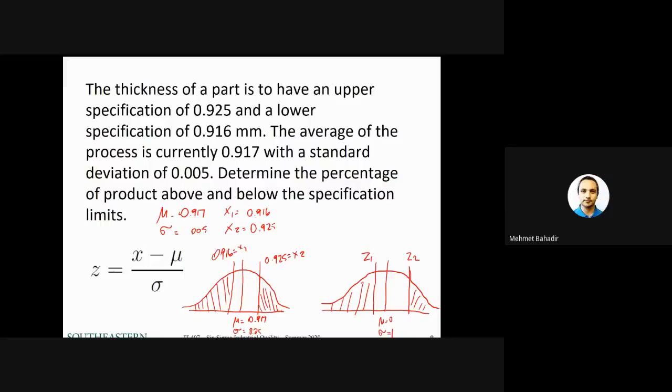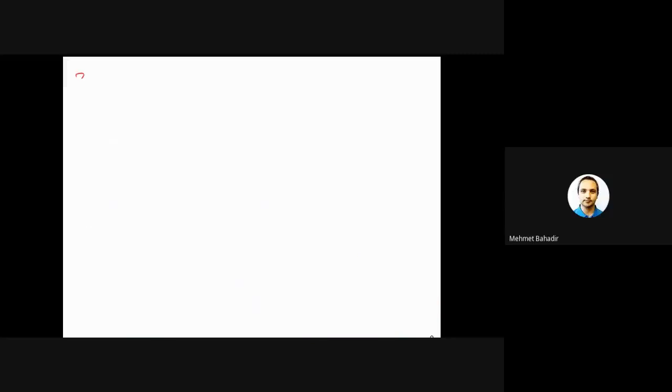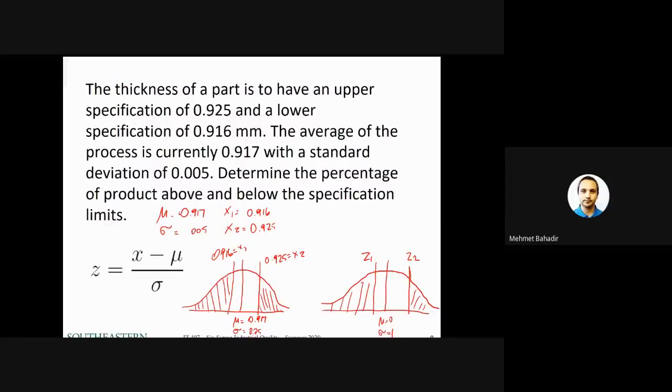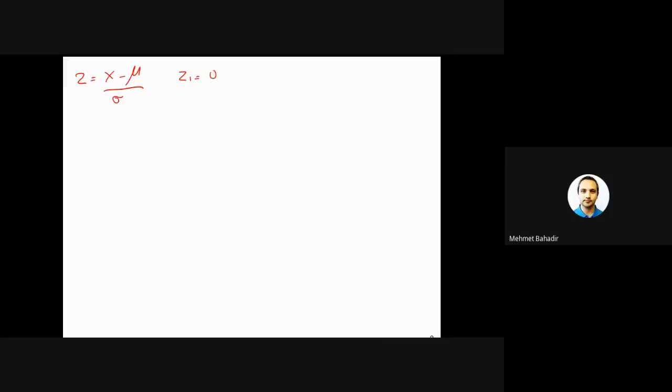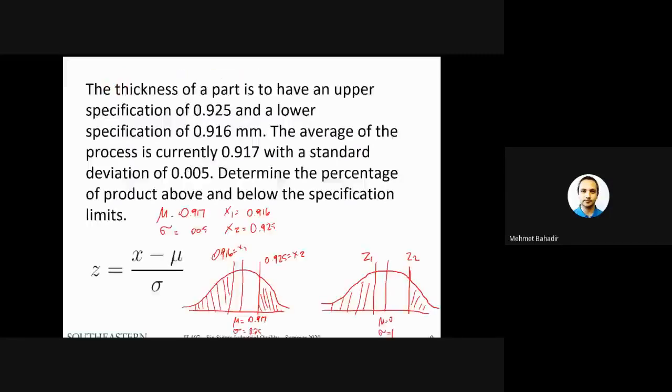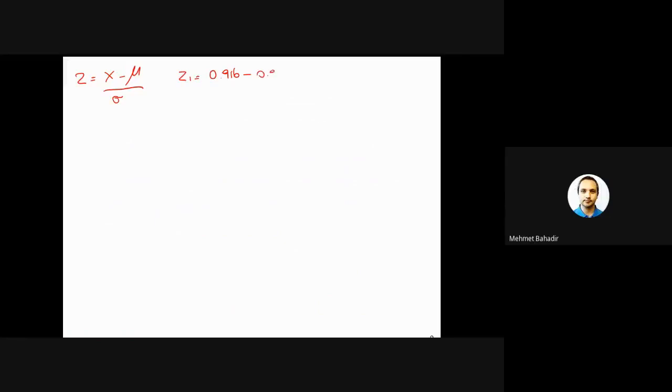All right, let's go ahead and calculate those z1 and z2 values. Our formula is x minus mean divided by standard deviation. And let's plug the numbers for z1. What is the x1 value? 0.916 minus, what is the mean? 0.917 divided by 0.005.